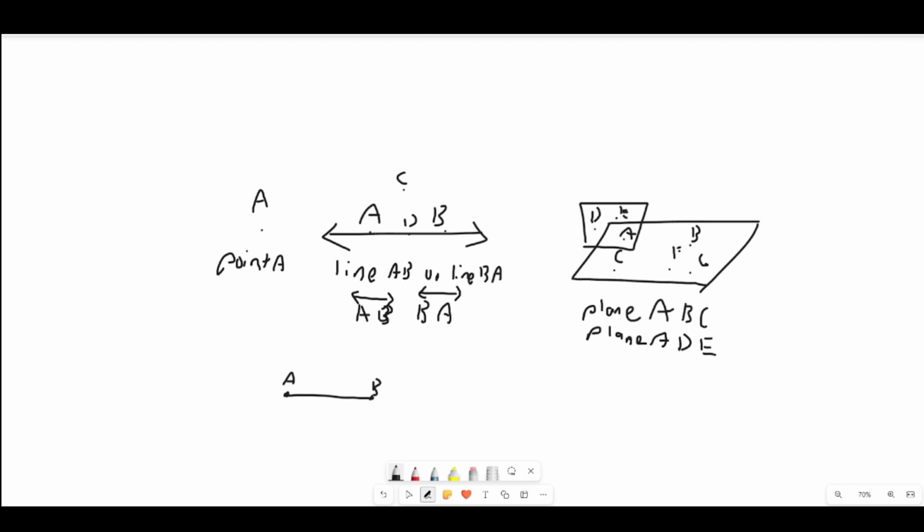A line segment, however, would just end. It's just a little segment of that line. You could think of it as a part of a line. So how we write this, we can call it line segment AB, or just segment AB without the line.